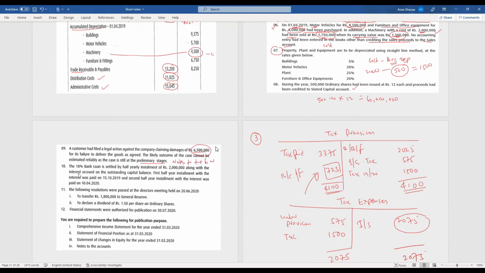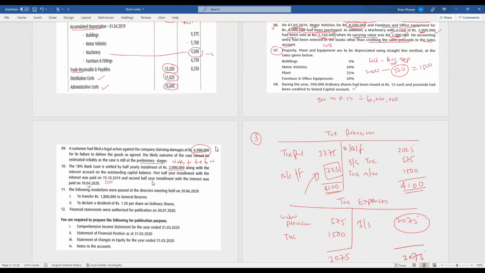Then the 18% bank loan is settled by half-yearly installments of 2 million, along with the interest accrued on the outstanding capital balance. The first half-year installment with the interest was paid on 15th October 2019, and the second half-year installment with interest was paid on 10th April 2020.